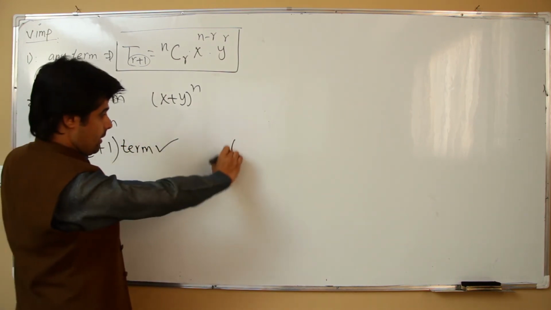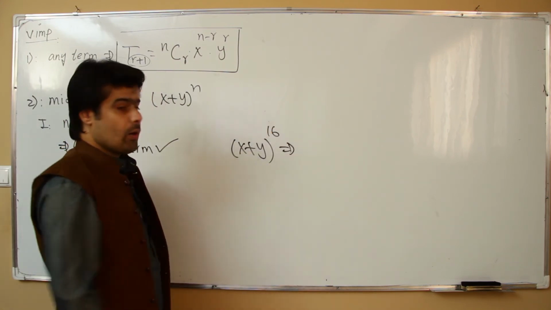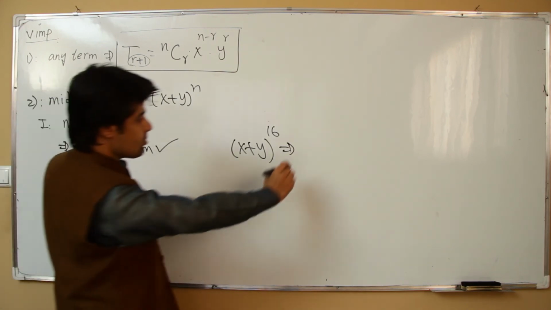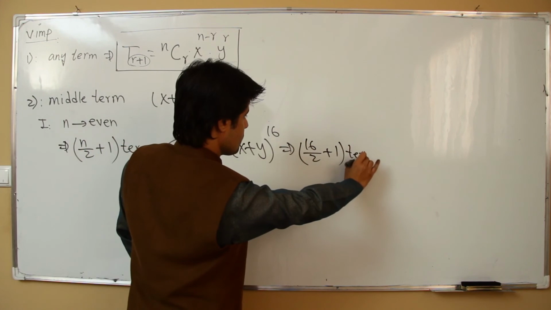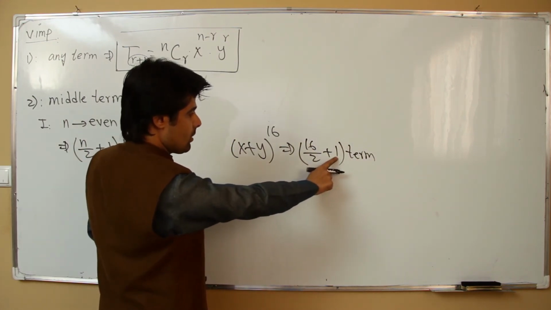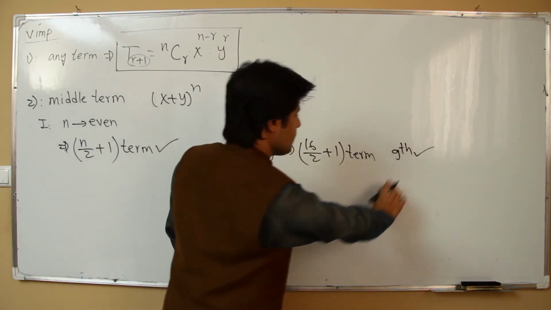For example, if we have x plus y raised to the power 16. Now, what is the middle term? The middle term is the (16 divided by 2 plus 1)th term. 16 divided by 2, it is 8. 8 plus 1, it's what? 9. Then the 9th term is the middle term.